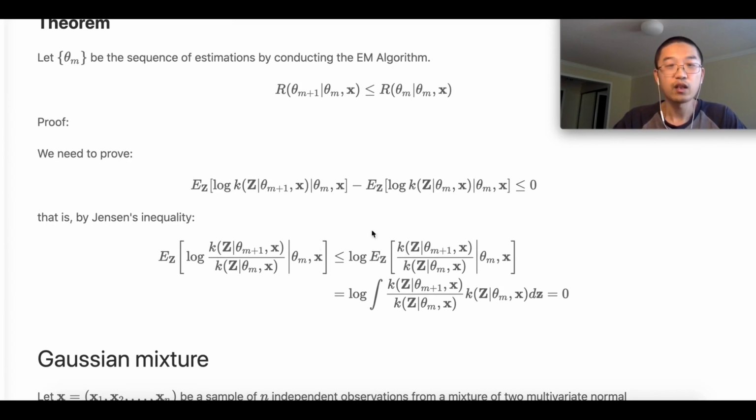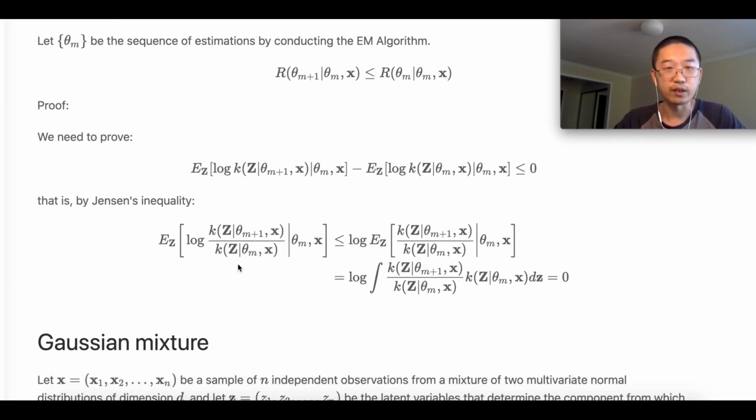We move the terms inside the expectation because of the log, so we get one term that is the log of k of z given theta m plus 1 divided by k of z given theta m.